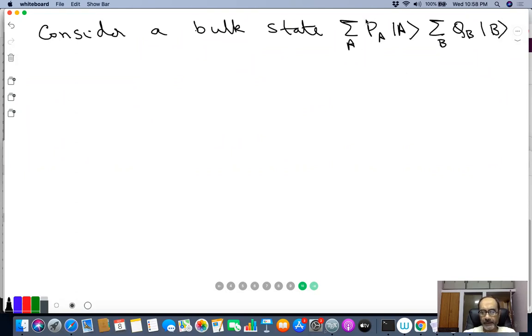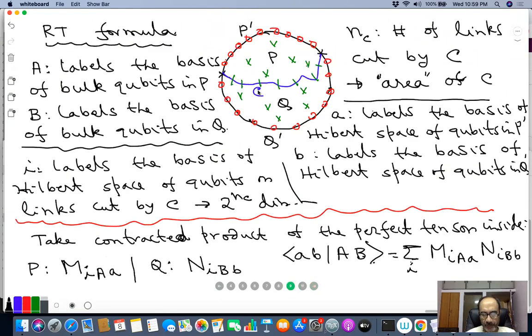So it takes some state inside the bulk P and some state inside the bulk Q, and then takes the product. No entanglement in the bulk, no entanglement among the logical degrees of freedom. As I said, I will later relax this assumption.